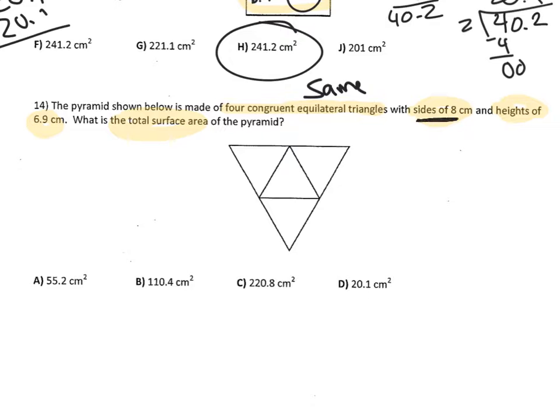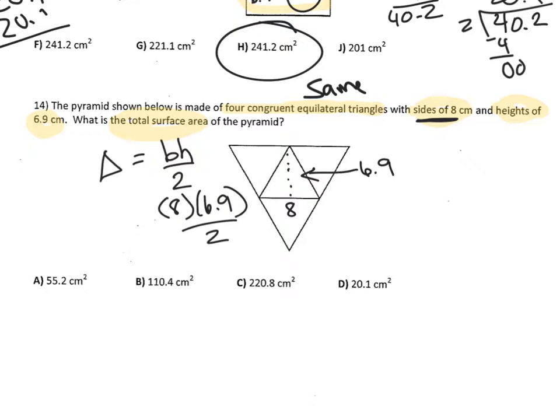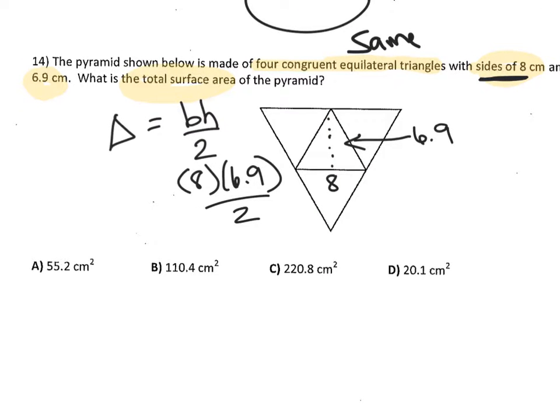So our base is 8, and the height is 6.9. For each of these, we've got to do base times height divided by 2. Did you do 8 times 6.9 times 4 divided by 2, or 8 times 6.9 divided by 2 times 4?